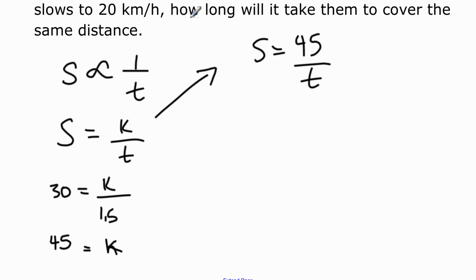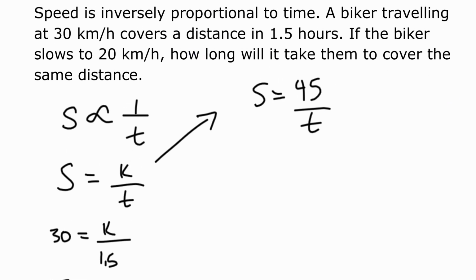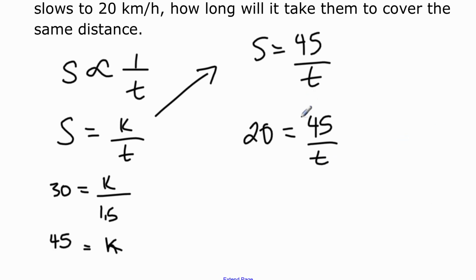Then they say, if you slow down to 20, how long will it take to cover the same distance? Well, if you slow down, it's got to be more time, right? Let's see if that works out. So the biker slows to 20. So speed is 20 now, is equal to 45 over T. Here my equation, the T's on the bottom, so I'll need to multiply both sides by T. So on this side, I'll get T times 20 is equal to, the T's cancel out, it would be 45.